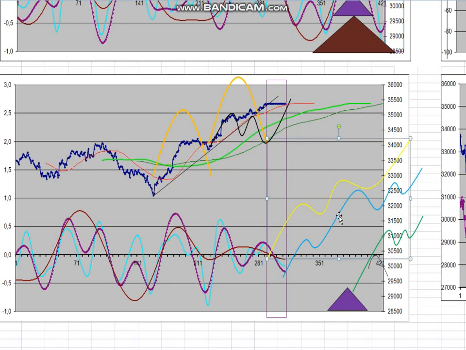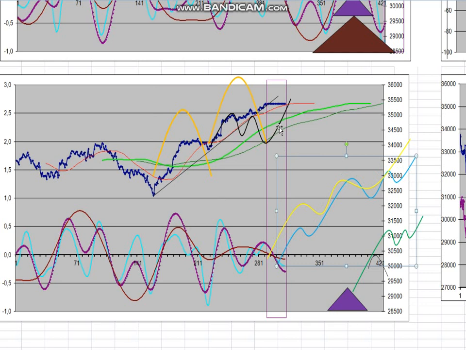I have this other one very similar. I would like to see a little reaction to the downside early this coming week, and then we should have the pop. But because we are so overbought, I don't think we will get a strong pop-up.